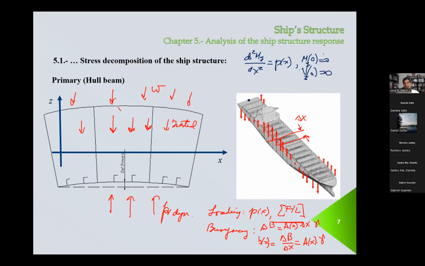Now, once you know the bending moment and the shear force, you can calculate normal stresses and shear stresses. What happens if somebody wants to calculate the deflection? That's a problem that cannot be solved because there is no point where you know the deflection of the hull. That's all what we can do.